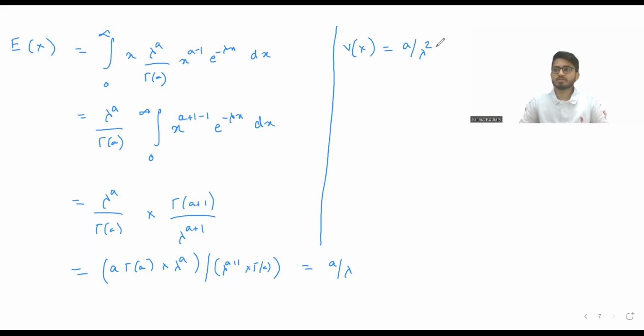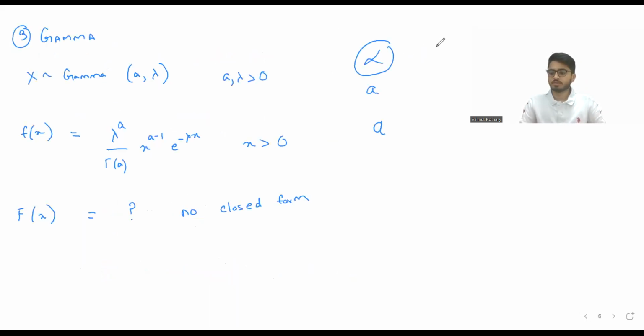Now, if you closely observe the PDF of the gamma distribution, let us try to put the value of alpha as 1. Lambda to the power 1 is lambda. Gamma 1 is 0 factorial, which is nothing but 1. X to the power 1 minus 1 is x to the power 0, which becomes 1. So what we're left with is lambda e to the power minus lambda x, which was nothing but the PDF of my exponential distribution.